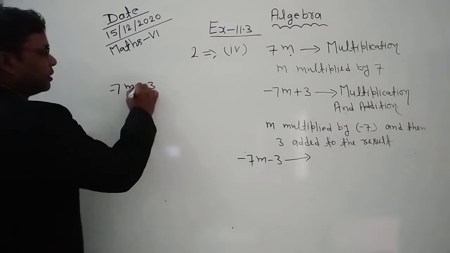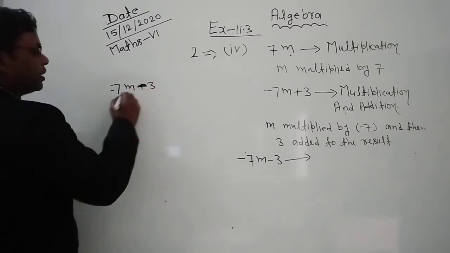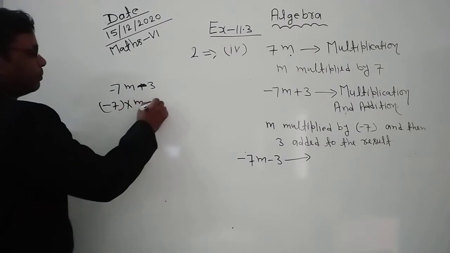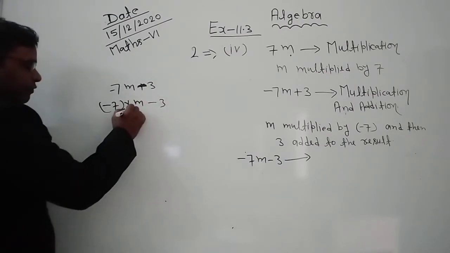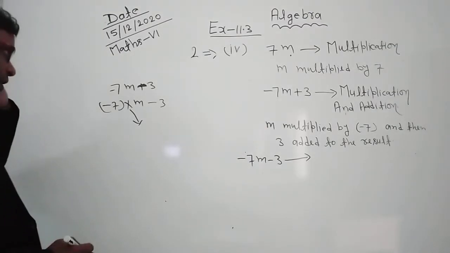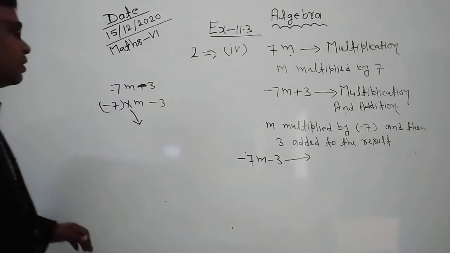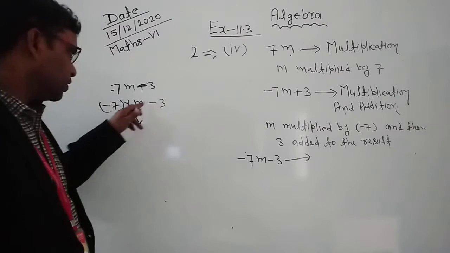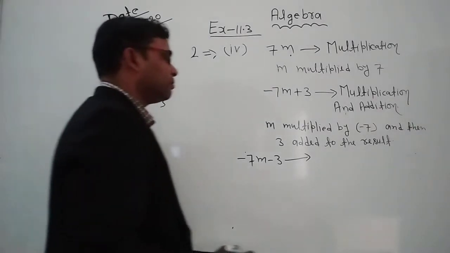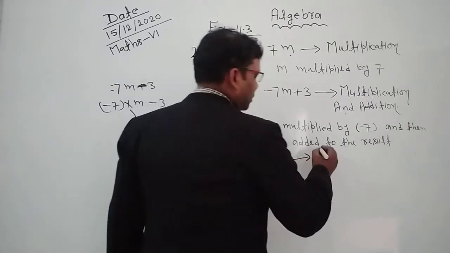You can write it as minus 7 into m, minus 3. So here you have two operations, multiplication and subtraction. You can write multiplication and subtraction.